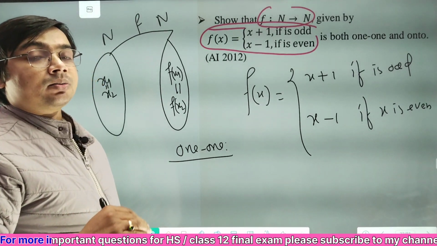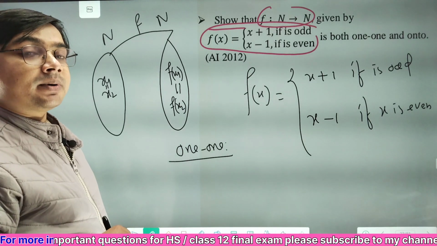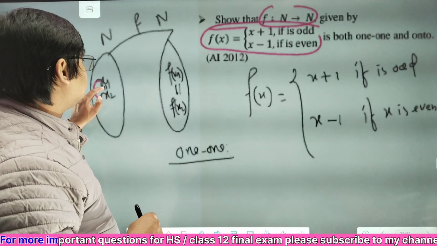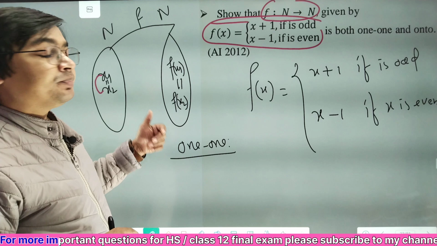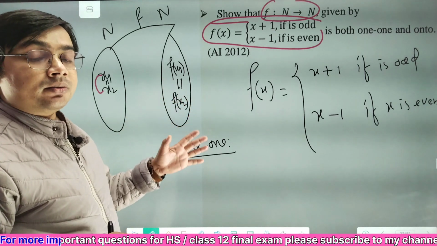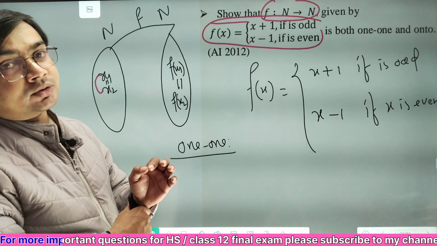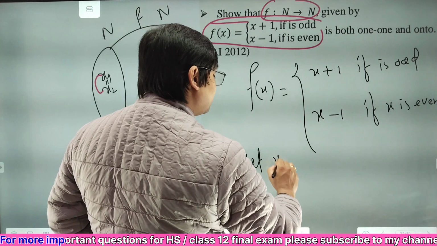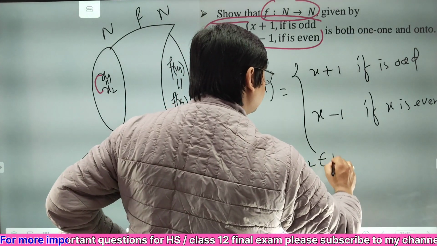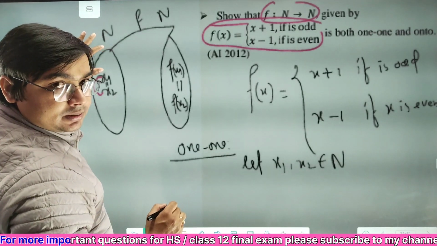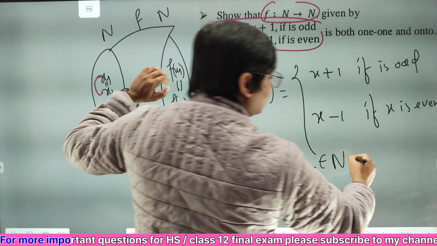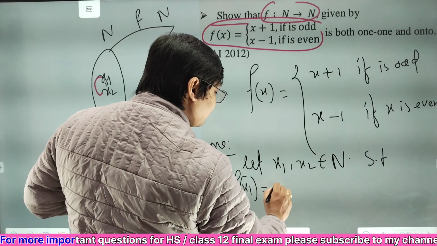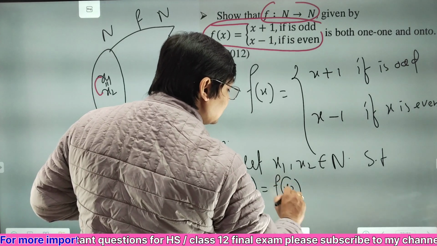Or there is another way: if we consider any two distinct elements, and if we can verify their images are also distinct, then we can easily say this function is one-to-one. Just we consider two elements x1 and x2 belonging to the first set, such that their images are equal.